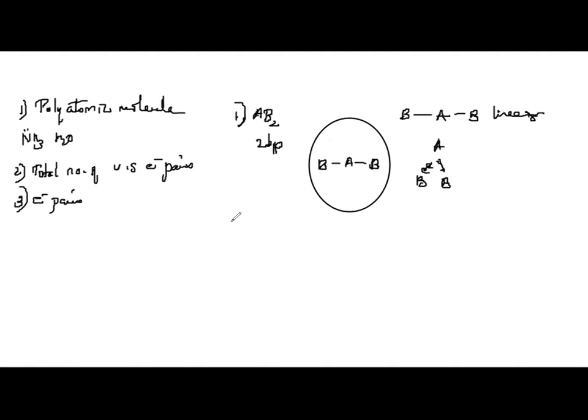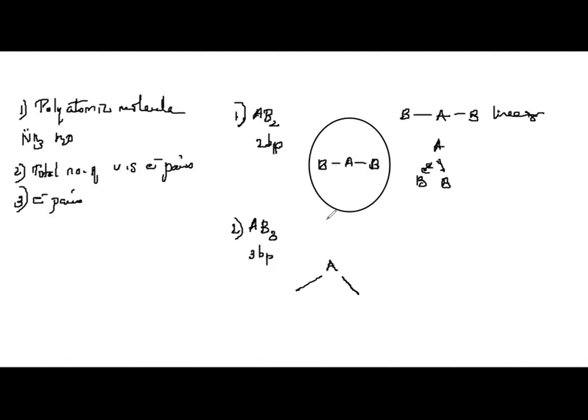Correct? I'll take one more example. I have a molecule of type AB3, and how many bond pairs are there? 3 bond pairs are there. So how will they arrange with respect to each other? They will arrange in such a way that they have minimum repulsion and therefore maximum stability. A is the central atom.